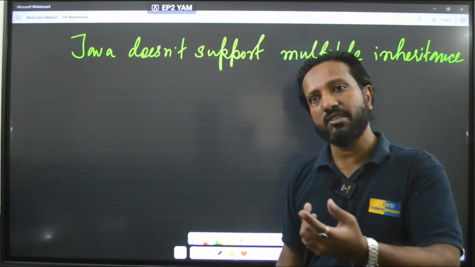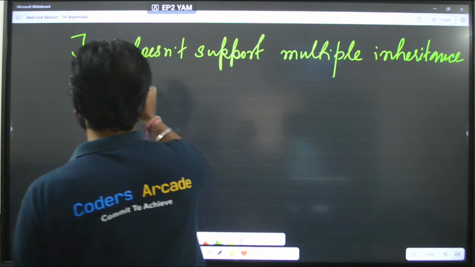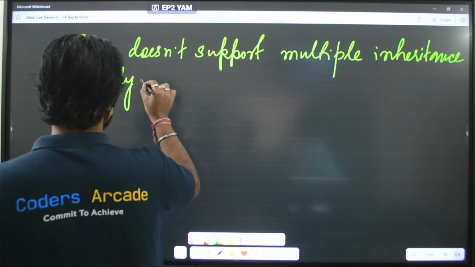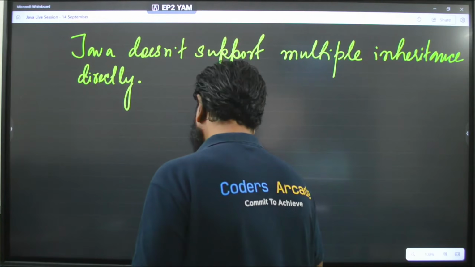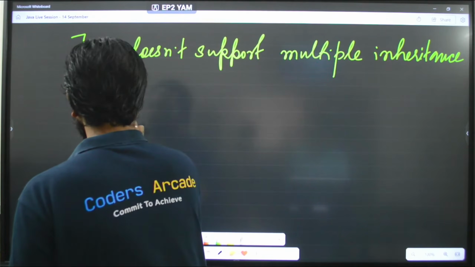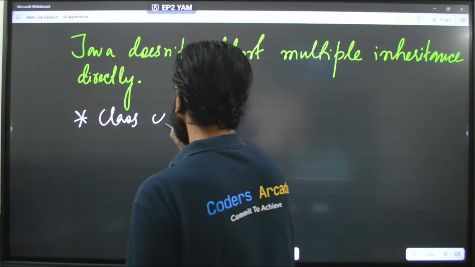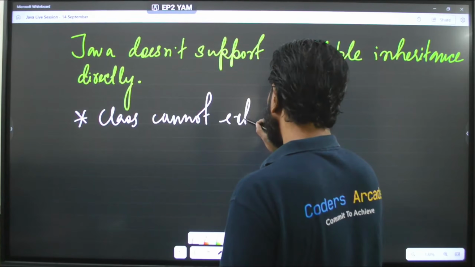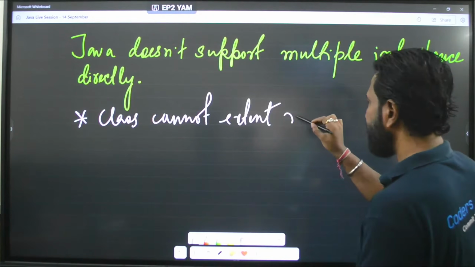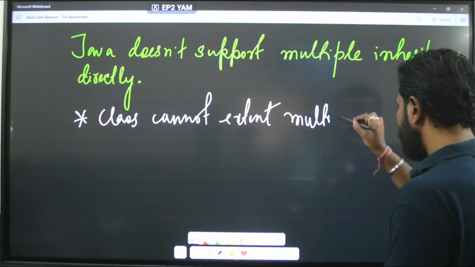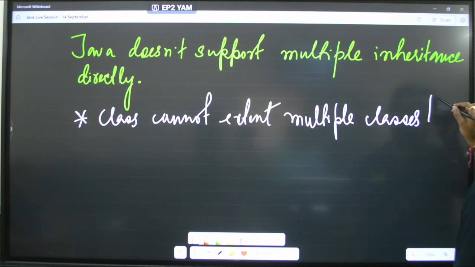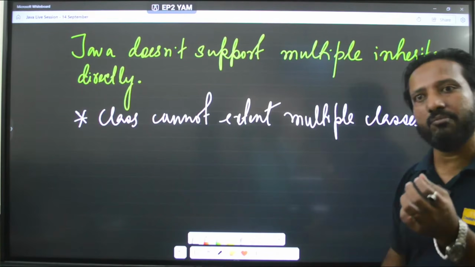The Java language does not support multiple inheritance directly. Because of this reason, a class cannot extend multiple classes. Please remember this, it is a very important thing.